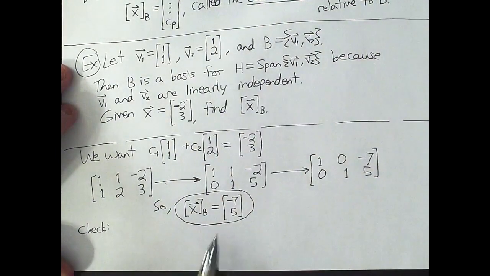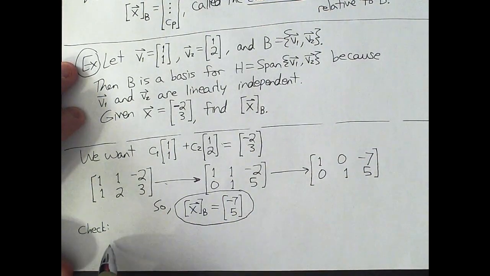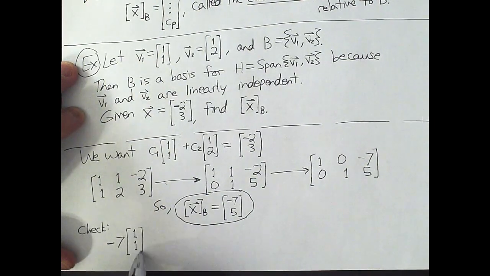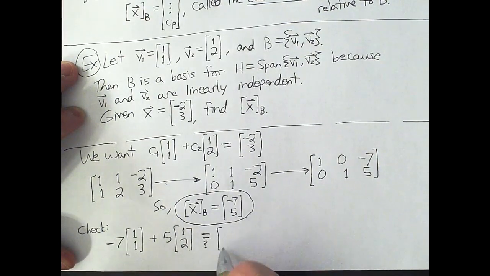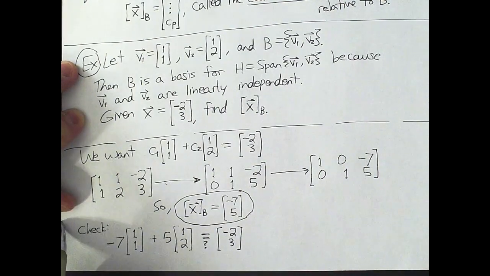By the definition of coordinate vector, does -7 work and does 5 work as weights for this linear combination? I'm going to put an equal sign here, but really I'm checking to see, so let's put an equal sign with a little question mark under it. Is this equal to (-2, 3)?